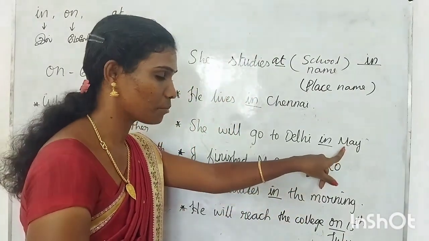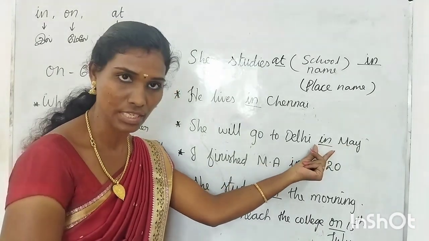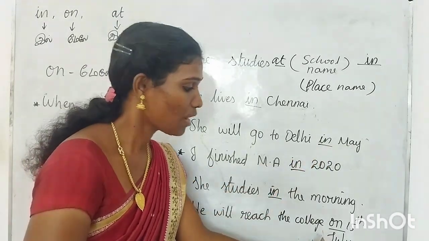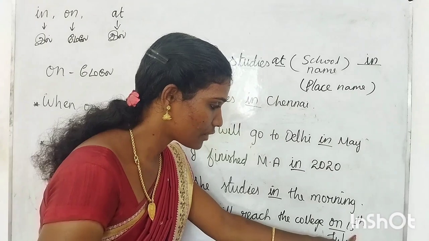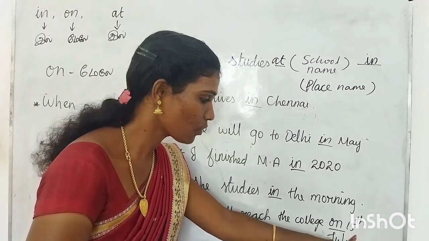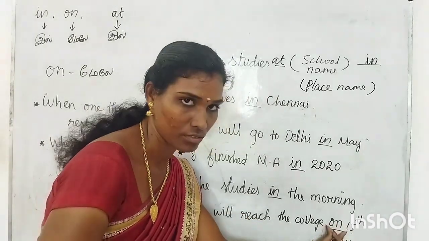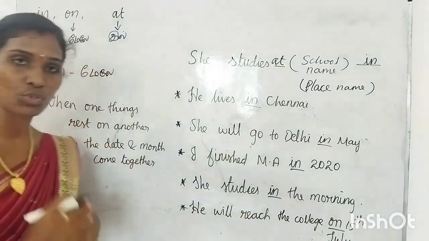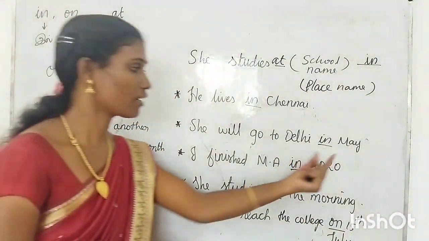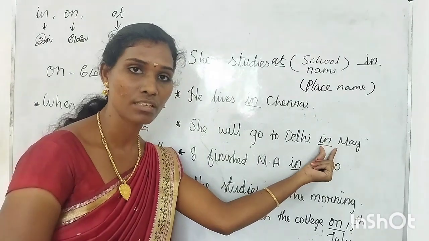If only the month is given, the preposition is in. But if the date is mentioned before the month, the preposition will be on. So when date and month come together, the preposition is on; when only the month is given, it is in.